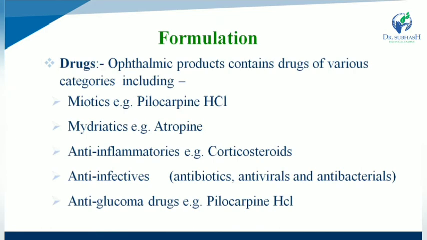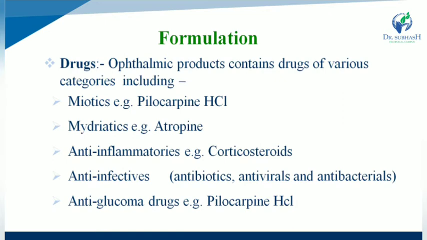Formulation of eye drop preparation. First one, the eye drop preparation contains the drug, or API, or active pharmaceutical ingredient, or therapeutic agent. So an ophthalmic product contains drugs of various categories. Examples: first, miotics. An example of a miotic is pilocarpine HCl.